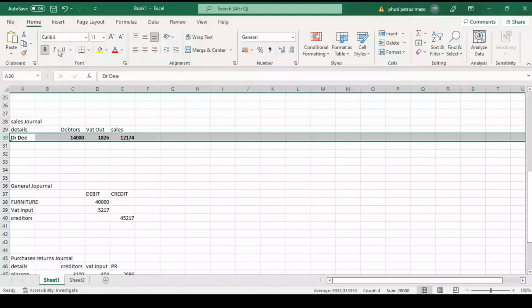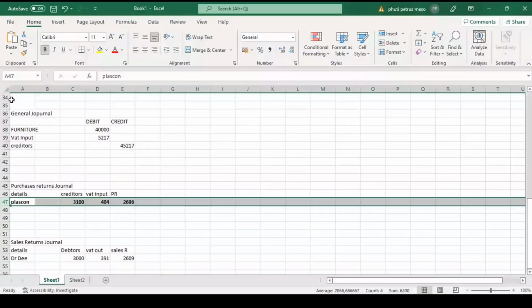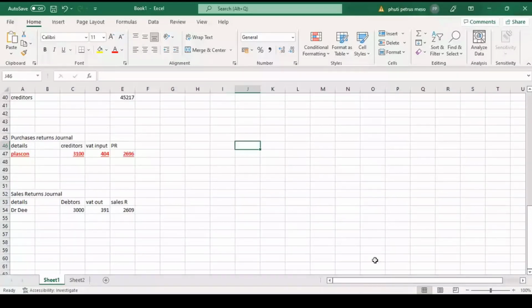Here, obviously, it's going to be the same. Then you just highlight and underline, make it a different color, and then you've got your totals.